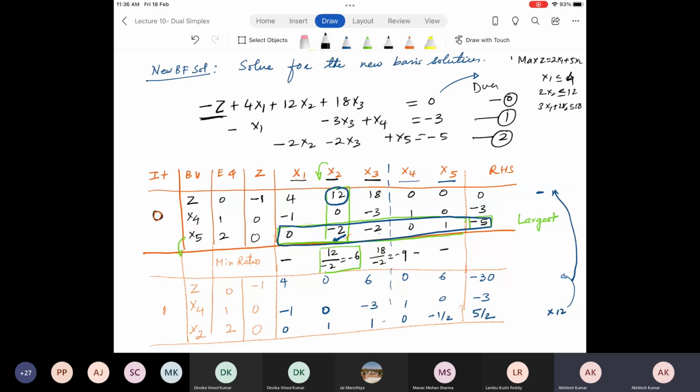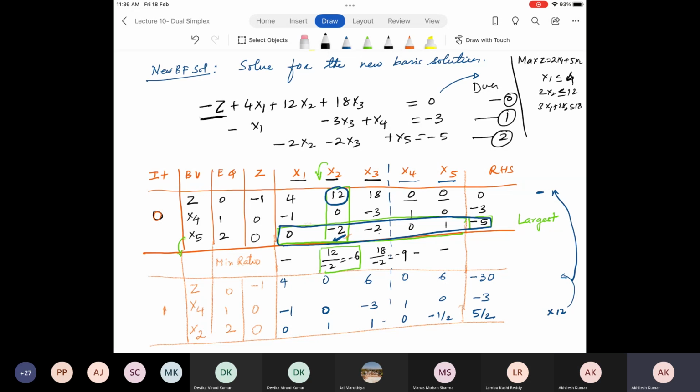So this is the dual of this problem. Whether 0, 0 is being satisfied or not by the dual problem.